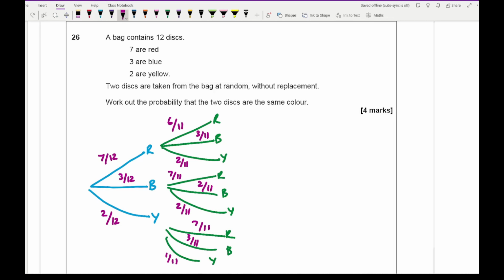So now for this, the same colour is either going to be red, red, or blue, blue, or yellow, yellow.